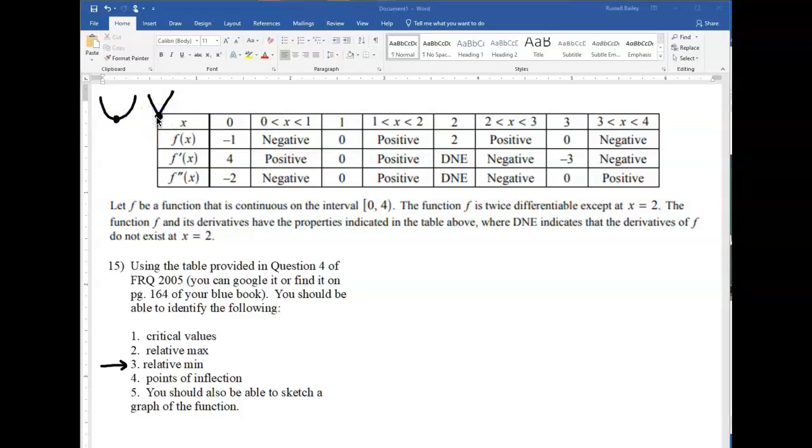In either case, in this case we would need a derivative equal to 0, and in this case we would need a derivative that was undefined or didn't exist. But in both cases, to the left it would need to have a decreasing slope, and to the right it would have to have an increasing slope.